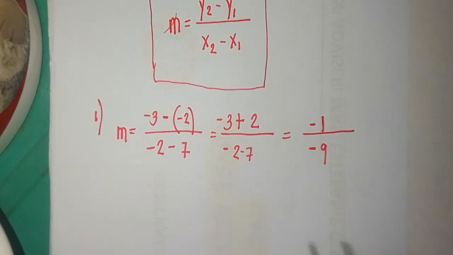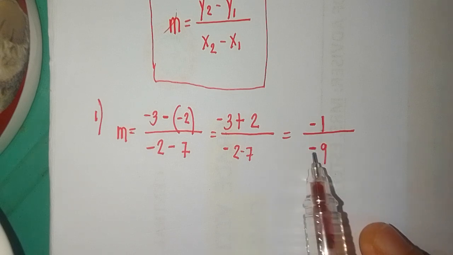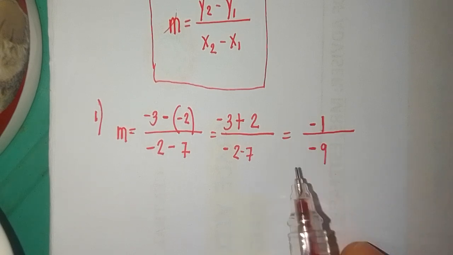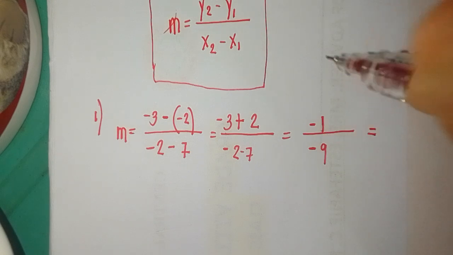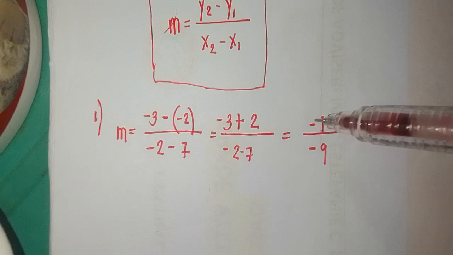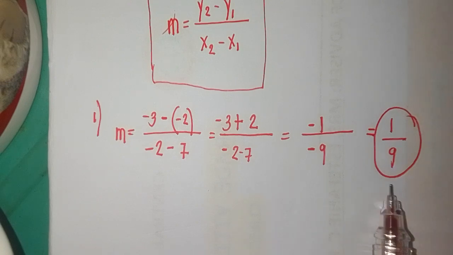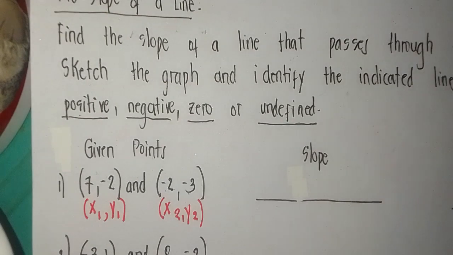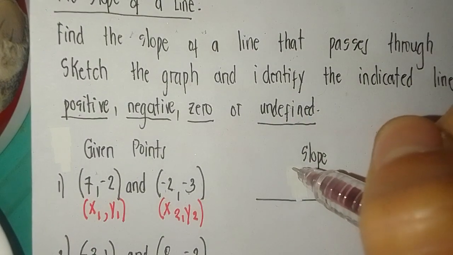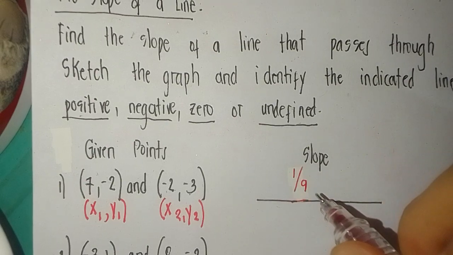So, in this case, negative divided by negative, they have the same sign. Therefore, this sign will become positive. Or, in short, the negative signs cancel. So, this final answer is 1/9. Here is our slope for number 1. Since we now have the value of the slope, we have to write the value 1/9 here as our slope.